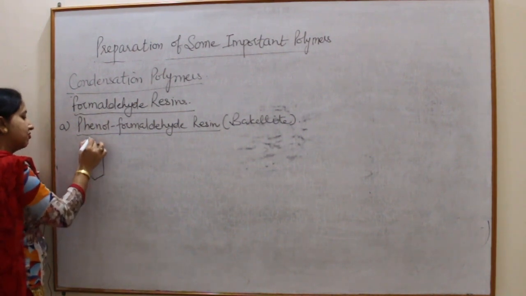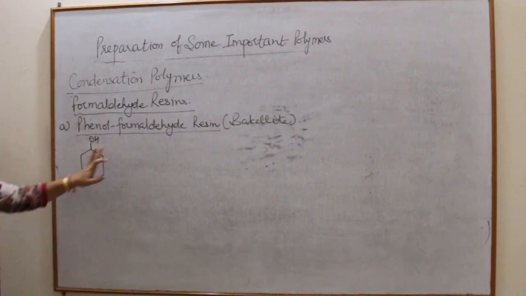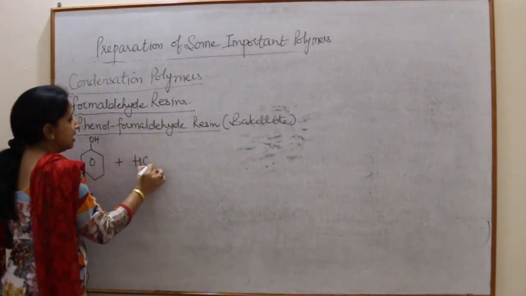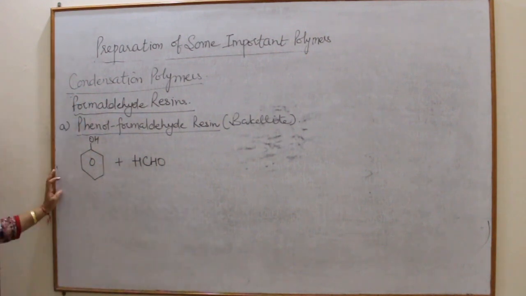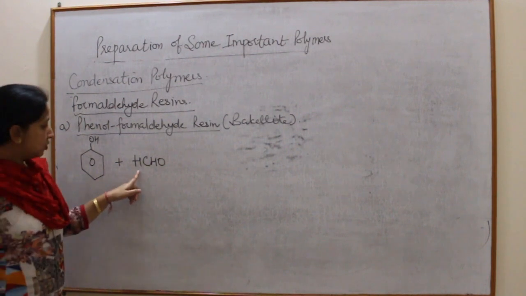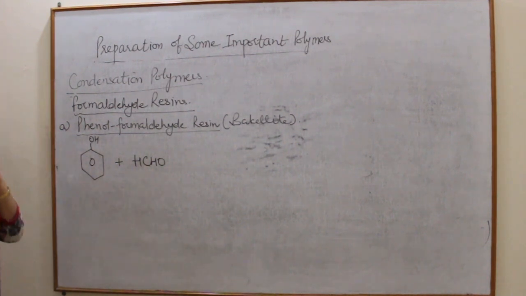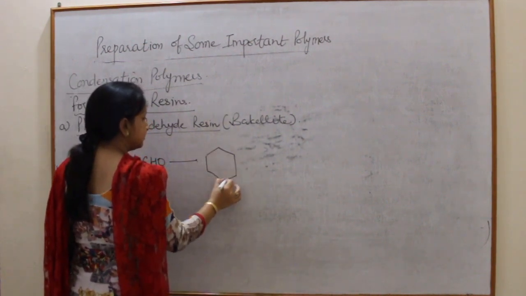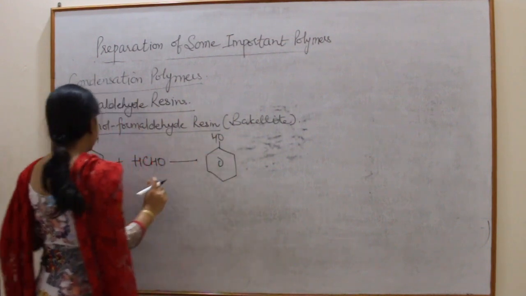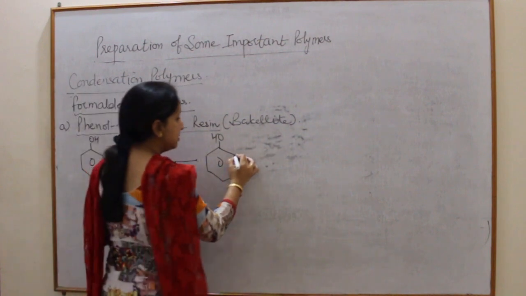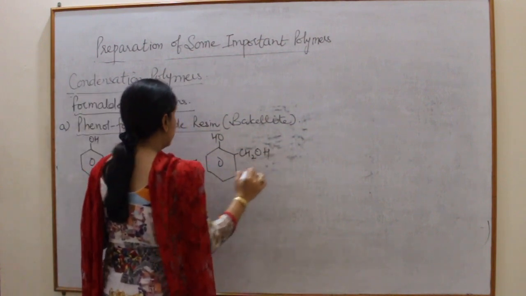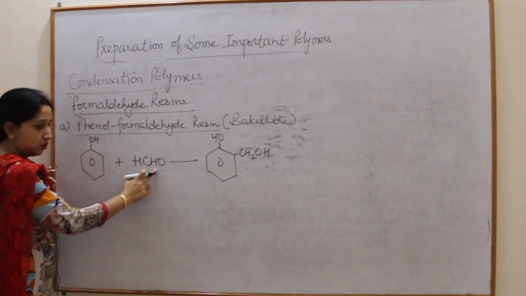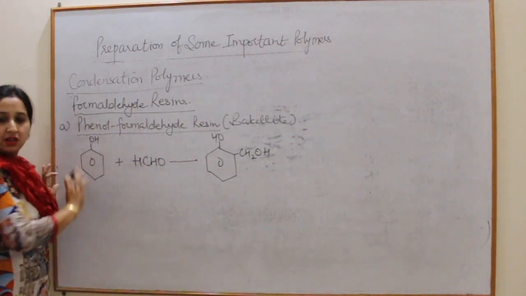What is phenol? A benzene ring containing one OH group. And what is formaldehyde? It is basically HCHO. On treatment of the phenol with formaldehyde, we will first get ortho benzyl alcohol and para benzyl alcohol. So we get OH the same, and here CH2OH on this carbon.